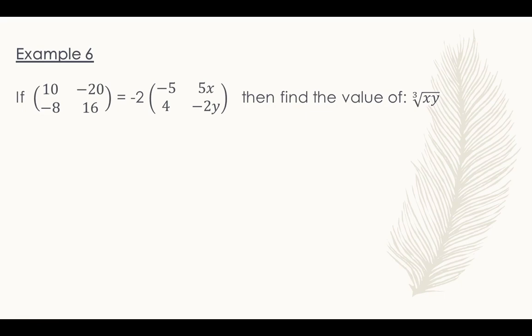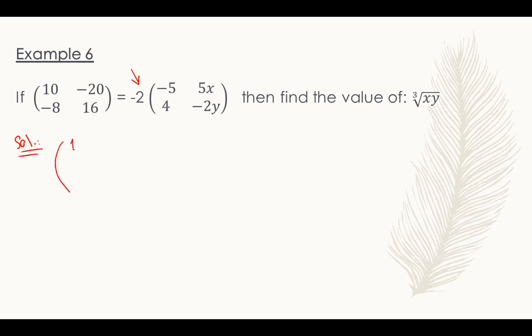When we multiply a number by a matrix, we multiply this number, which is negative 2 here, by all the elements of the matrix. Now we are going to find the solution.